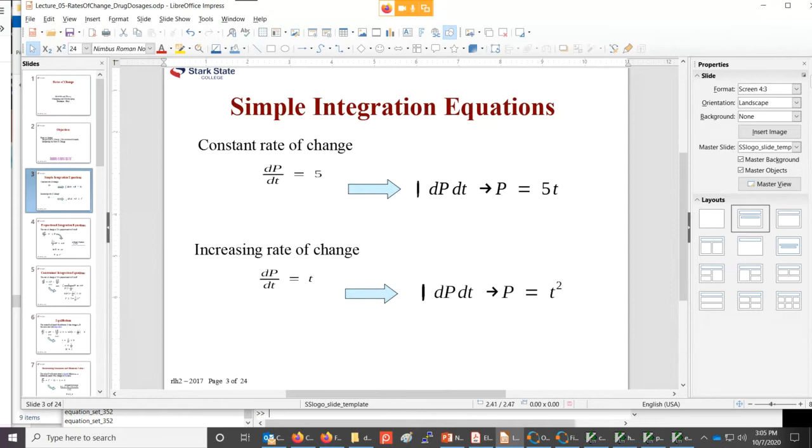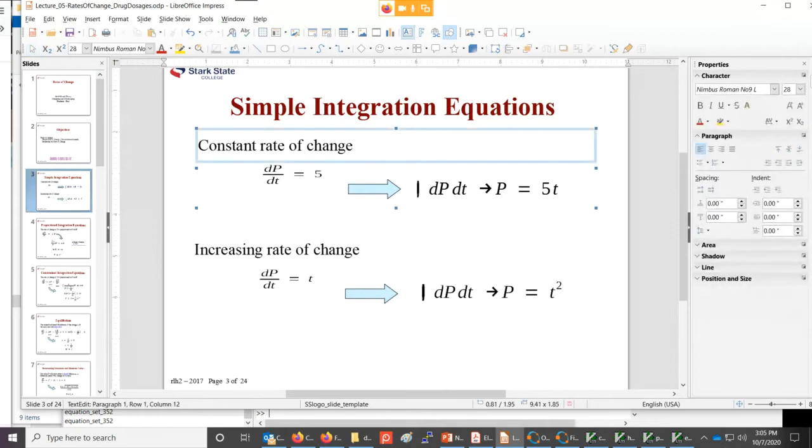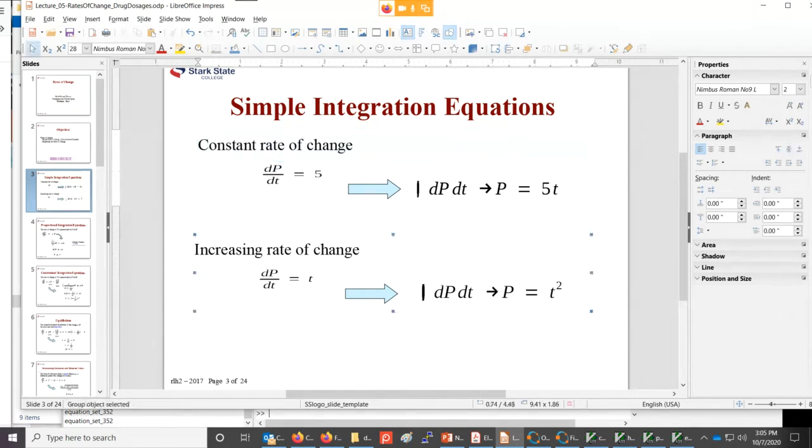All right, so again, the derivative specifies how something changes. So if we have some function p here, and that function is actually a function of time, and we see how it changes in time, if it changes with a constant change, then we know if we integrate that, we end up getting 5t, which is effectively the equation of a line.